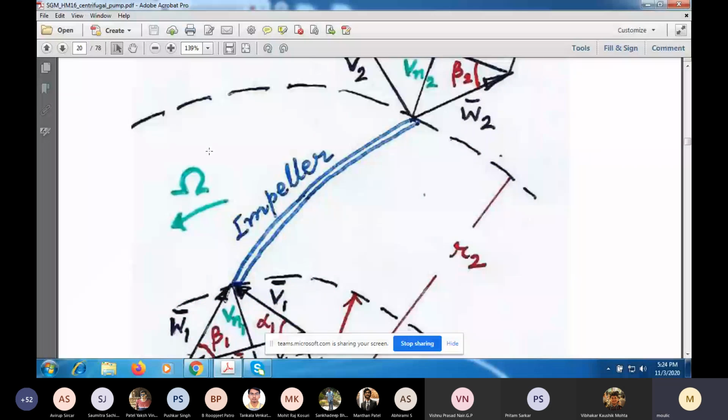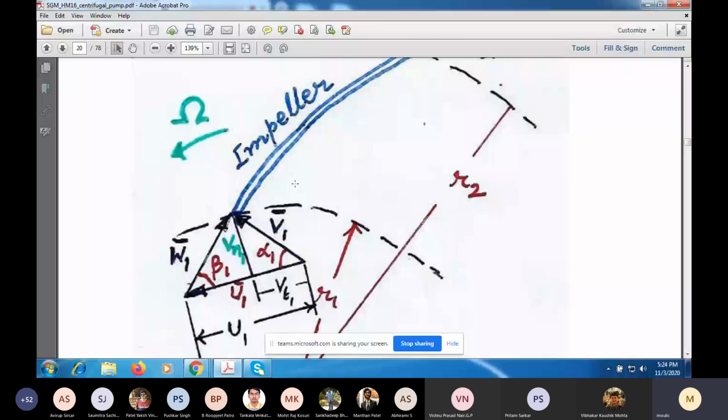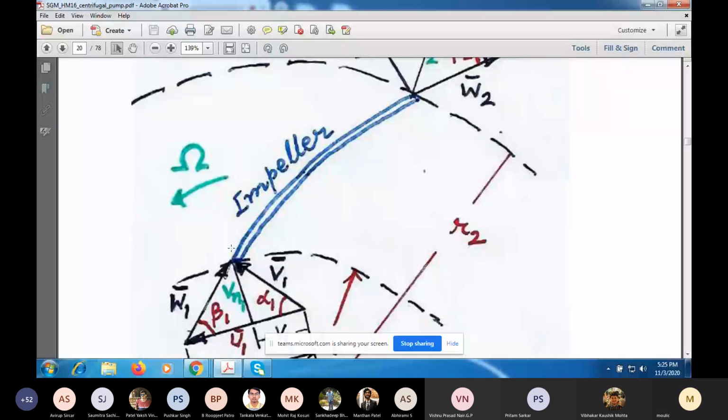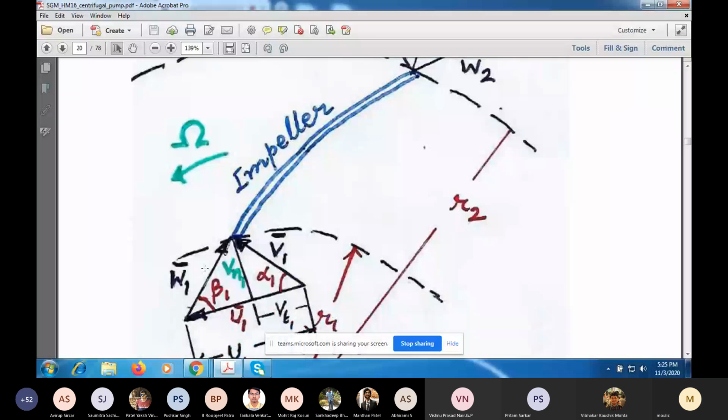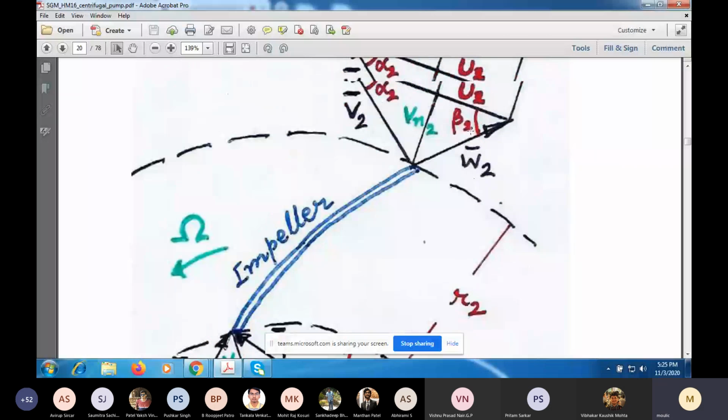So I've given you here an enlarged view of the impeller. I've shown just one impeller which is rotating anti-clockwise. And the region of the impeller will be from r equal to R1 to r equal to R2. If you look at the velocity triangle at the outlet, the relative velocity will be tangent to the blade. This we have discussed before.